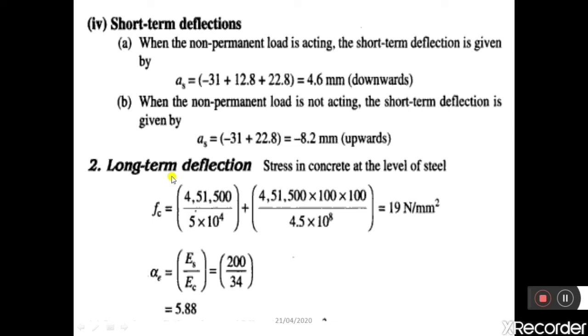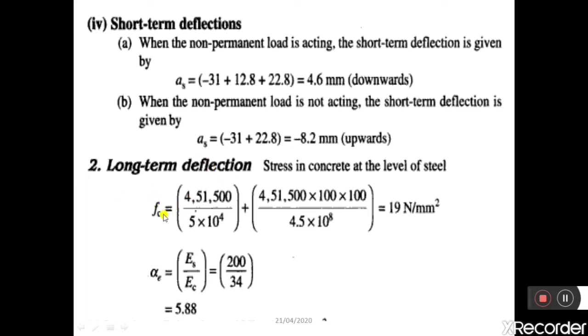Hence, we shall consider long-term deflection by considering all the losses of prestress. So we know how to calculate the losses of prestress. The losses of prestress are due to creep of concrete, shrinkage of concrete, relaxation of steel, and friction of cables.